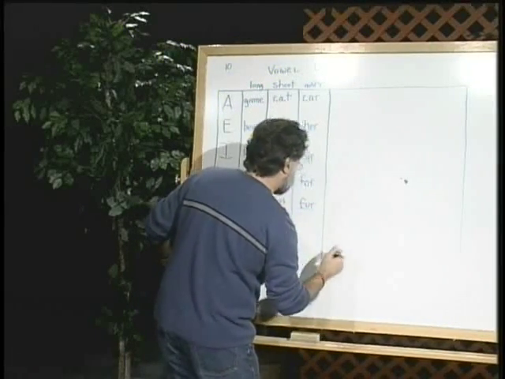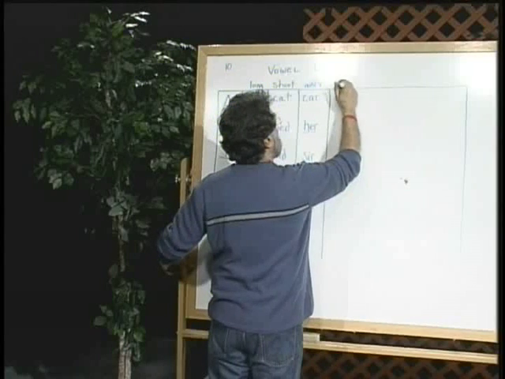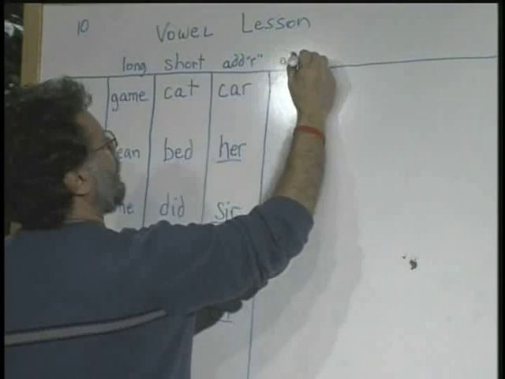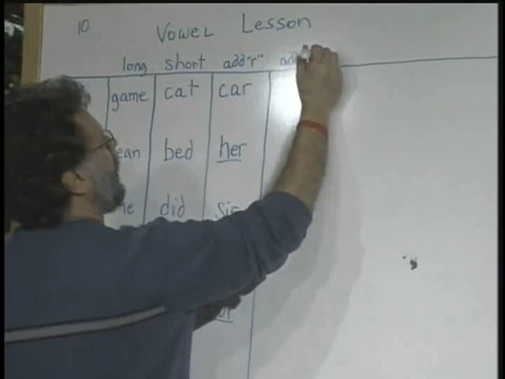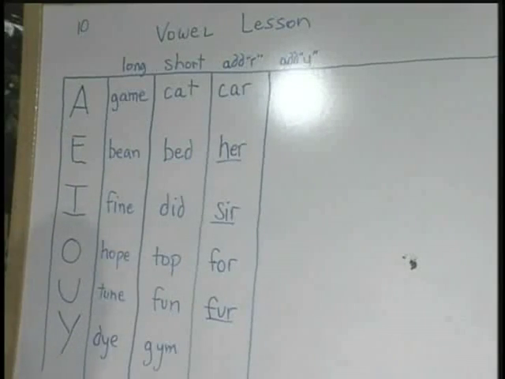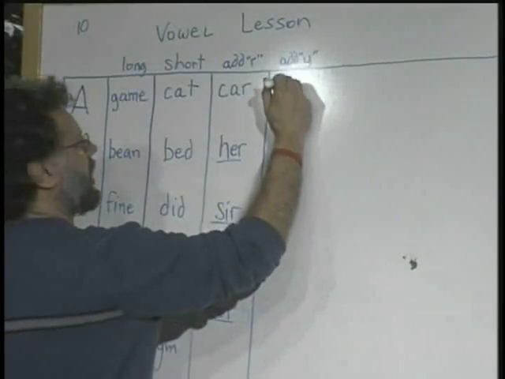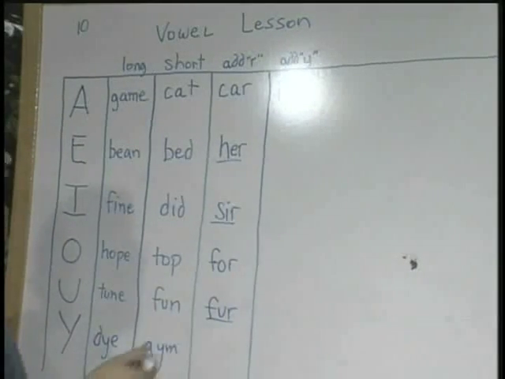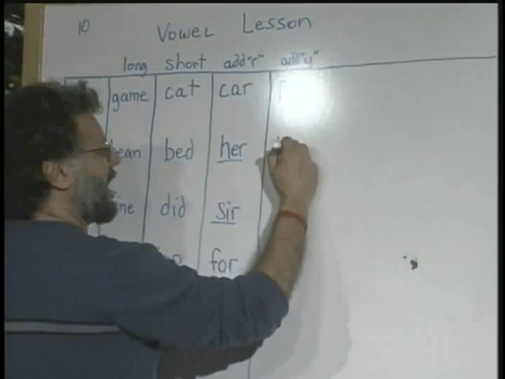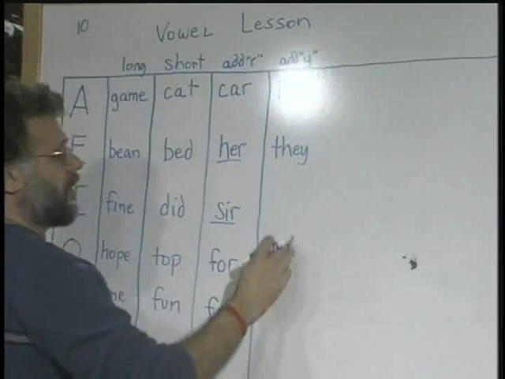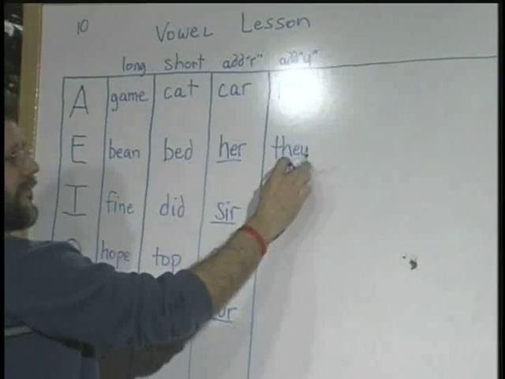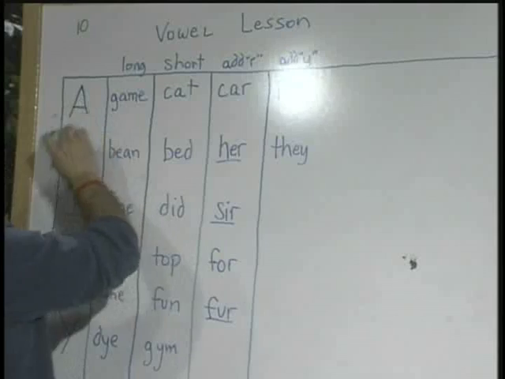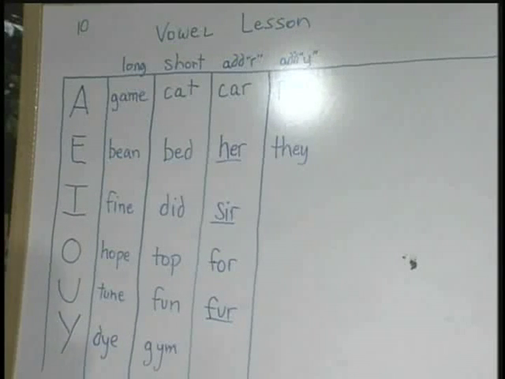Now, the next letter we're going to add is Y. Now, when we add a Y after an A, it doesn't change it all that much. It stays long. Play. But you'll notice that when we add a Y after E, we get they. So this letter, when followed by a Y, sounds exactly like the long A. Okay?